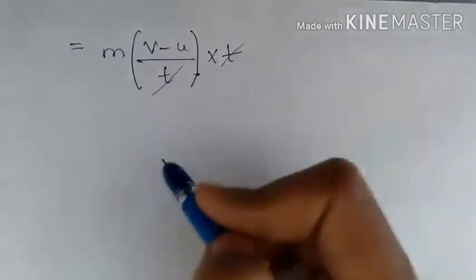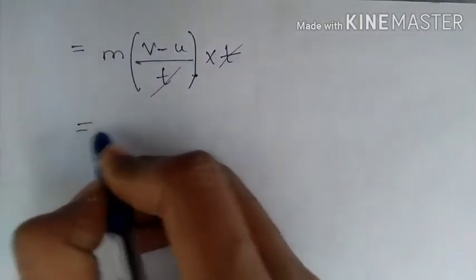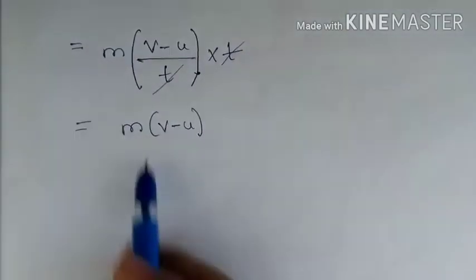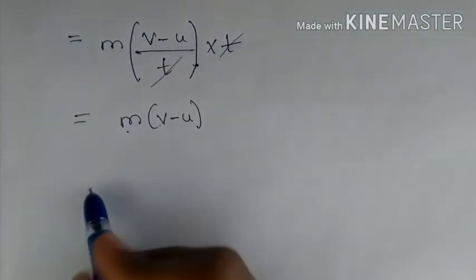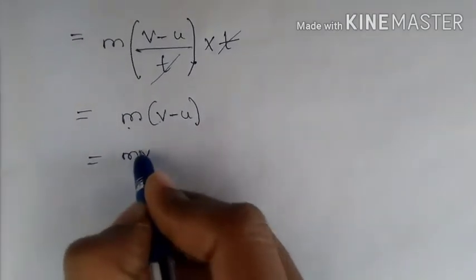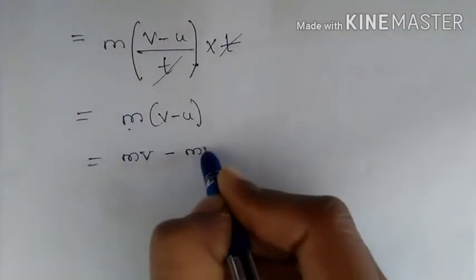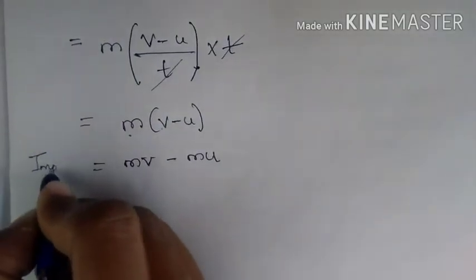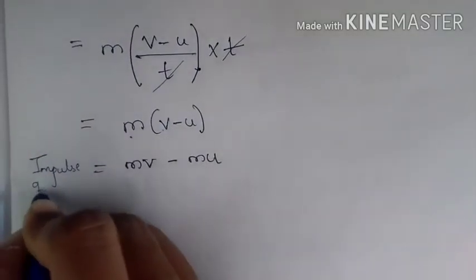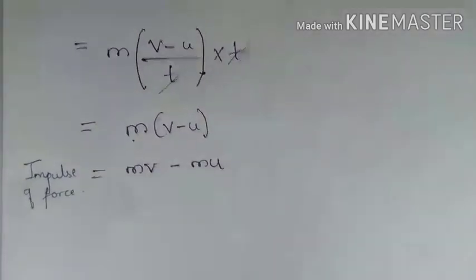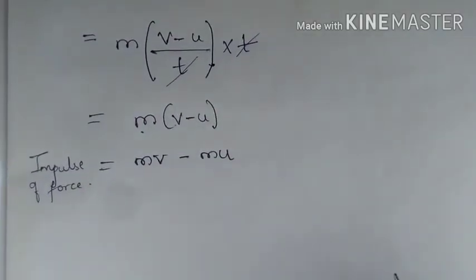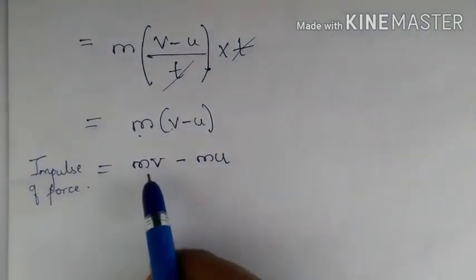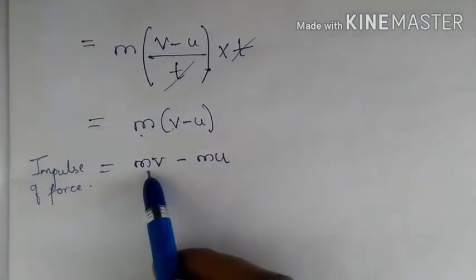T will get cancelled. What remains is M into (V minus U). Multiply this M to both the terms: MV minus MU. So you got impulse of force as MV minus MU. Thus impulse of force is equal to the change in momentum caused by the force.